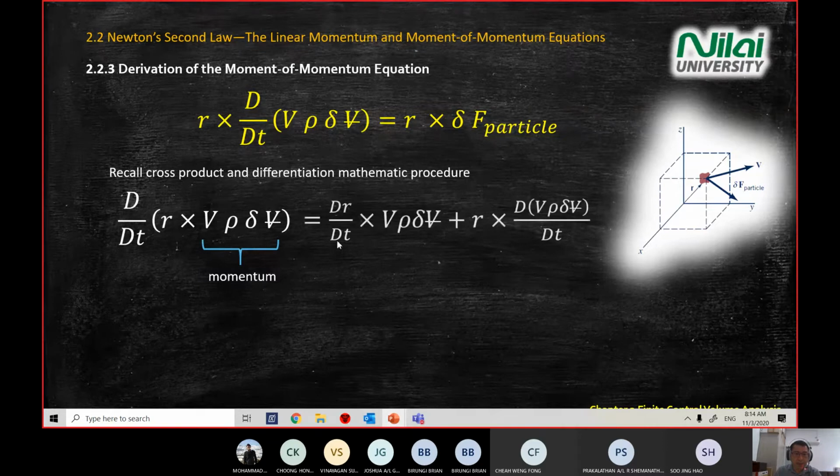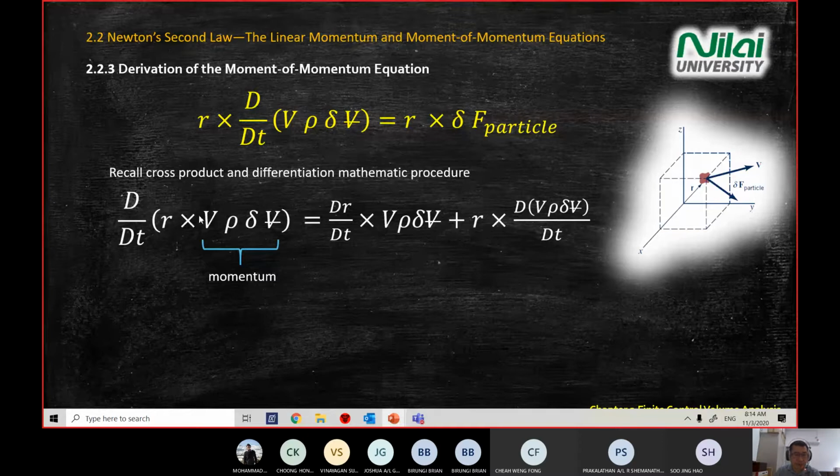So these are the cross products that you have. We look at our components. r cross V rho del V, you get these products. So you get dr over dt cross V rho del V, which is your momentum, plus r cross d(V rho del V) divided by dt. This is a differentiation equation.